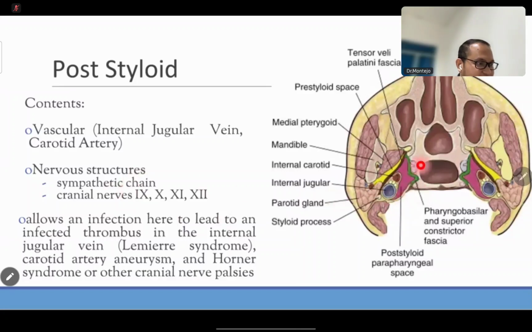Any infection occurring at this space could lead to an infected thrombus in the IJV and even carotid artery aneurysm. They can often present with Horner syndrome and other cranial nerve palsy.